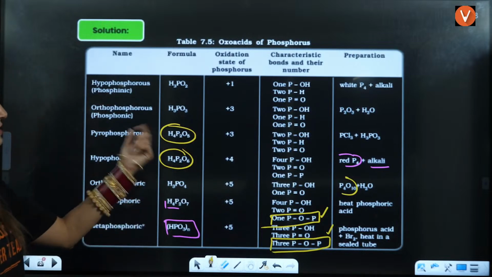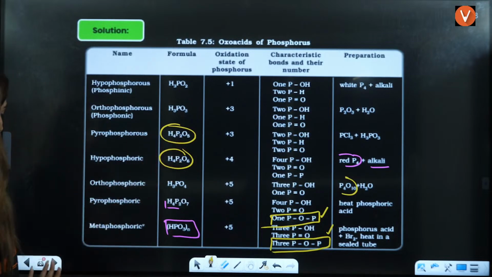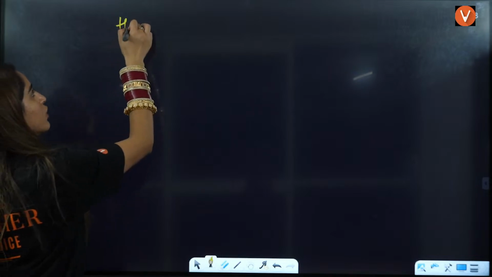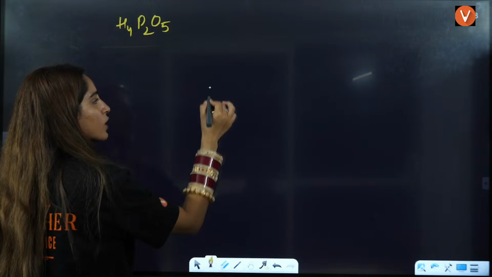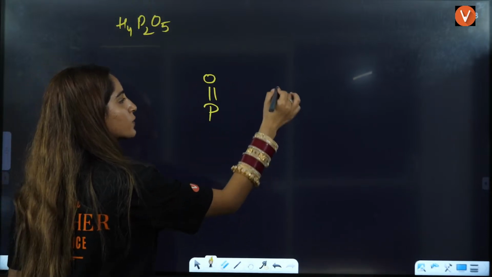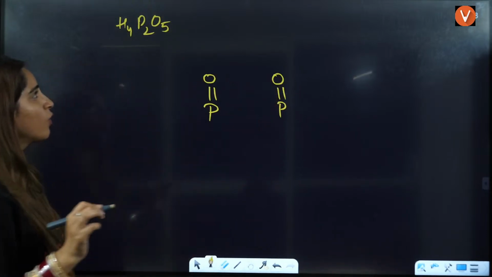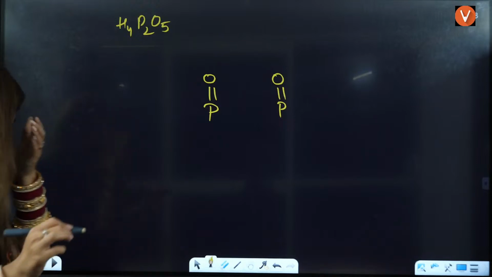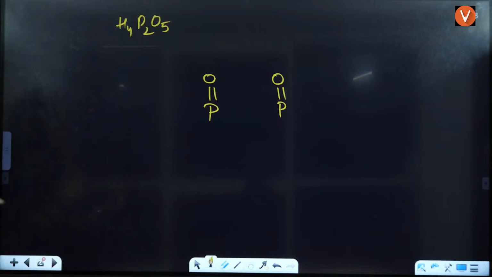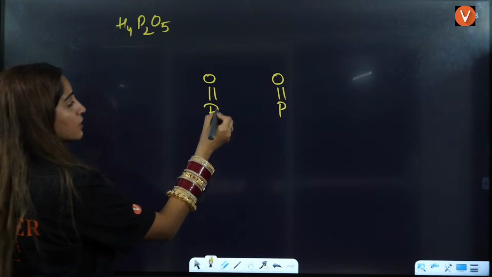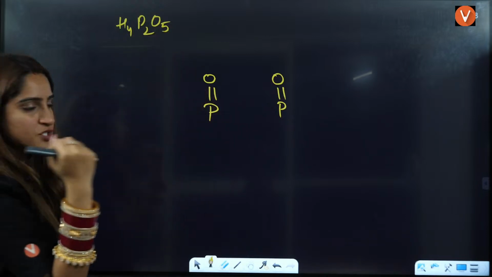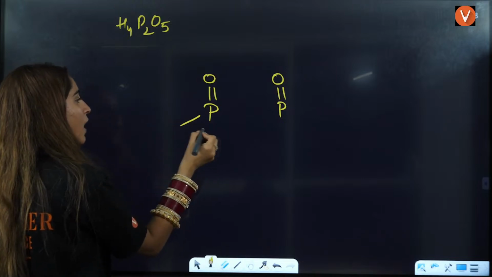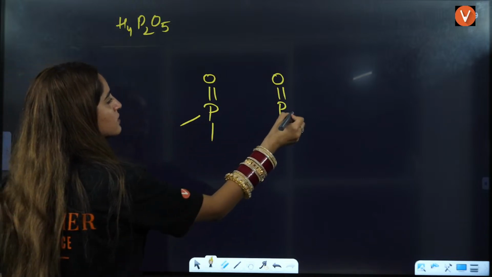Okay. So let us say you talk about H4P2O5. So how you will draw this? Phosphorus with double bond, phosphorus with double bond. Okay. Now, if you see, you are left with three oxygens here. So let us say 1, this is 2, this is 3.